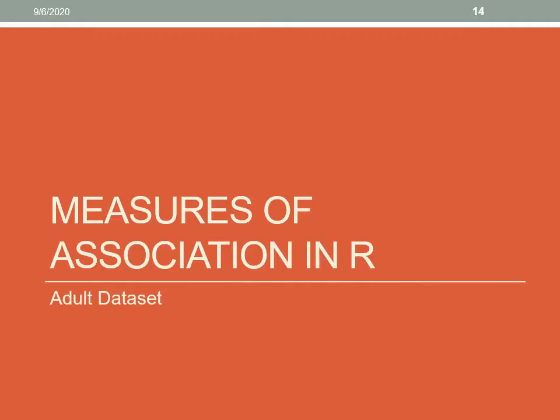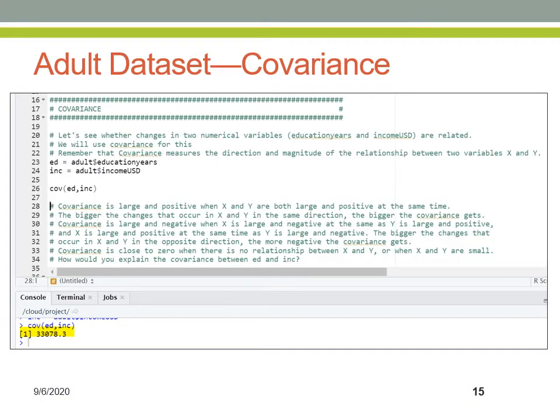So what do covariance and correlation look like in code? Let's first look at R. Here's what covariance looks like in R. We're looking at adult education years and adult income USD, which I have aliased here, so that the actual covariance formula looks a little bit cleaner.